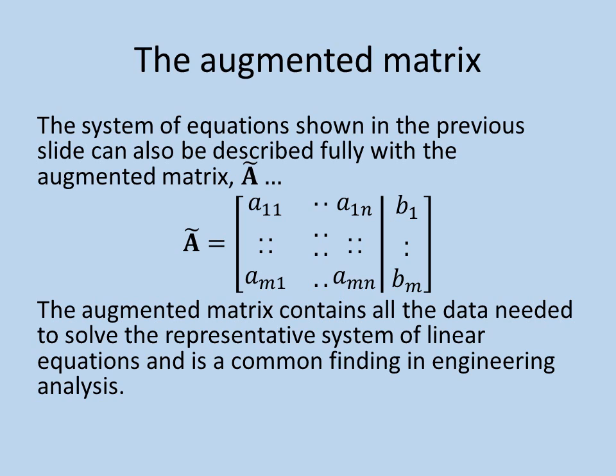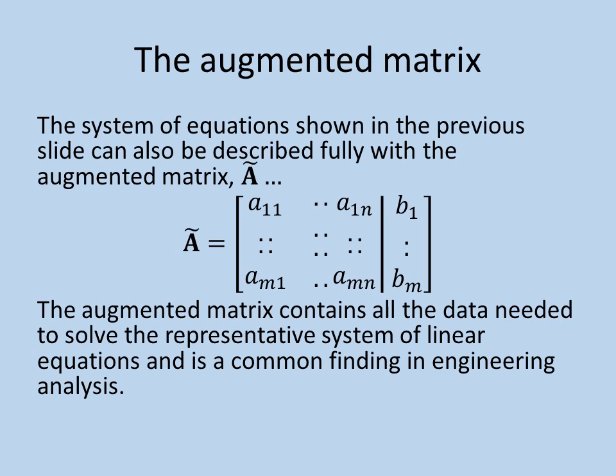The augmented matrix is a shorthand way of describing a system of linear equations. The system of linear equations shown in the previous slide can also be described fully with an augmented matrix, where you just take the coefficient matrix and then add on, and we usually do add this vertical line, but not always.